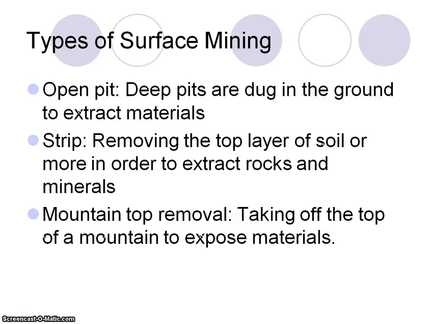You're going to be removing all of this stuff where the mineral is located. So all of the excess stuff that you have to move along with the mineral to get to the mineral, that stuff's called overburden. So overburden is just that excess waste rock and soil that you don't want, but you have to dig it up to get to the mineral itself.